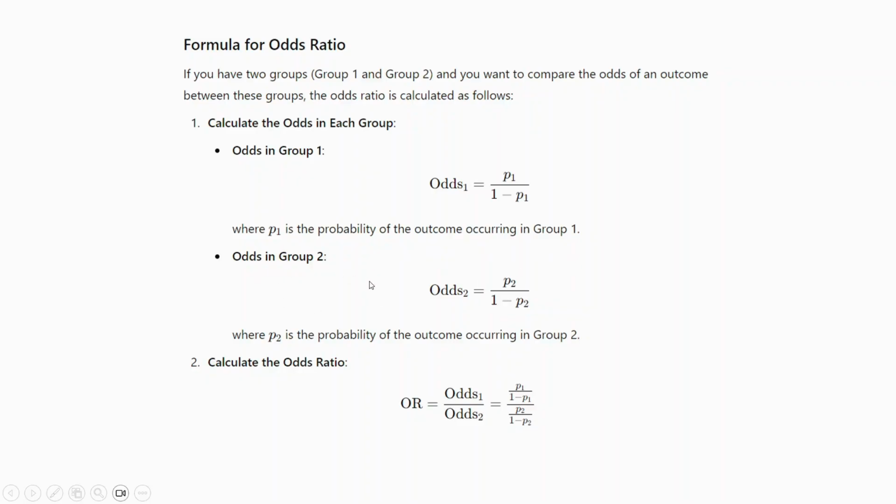Similarly, odds 2 is equal to P2 upon 1 minus P2, where P2 is the probability of the outcome occurring in group 2. Odds ratio is equal to odds 1 upon odds 2, so P1 upon 1 minus P1 divided by P2 upon 1 minus P2.